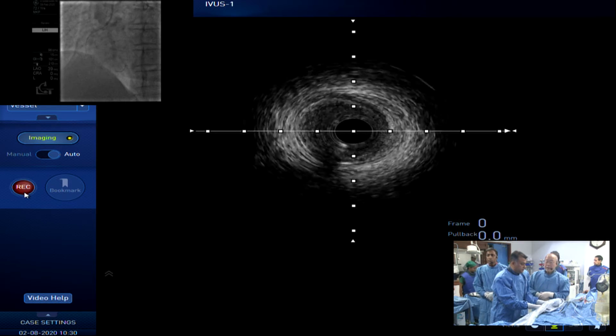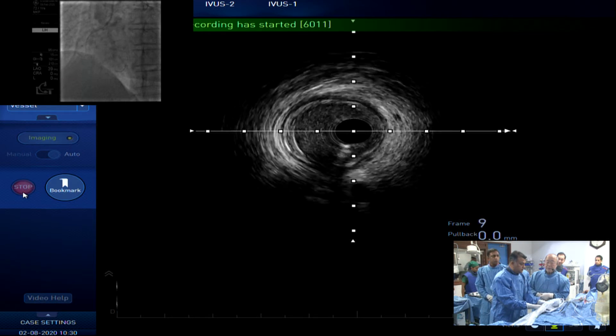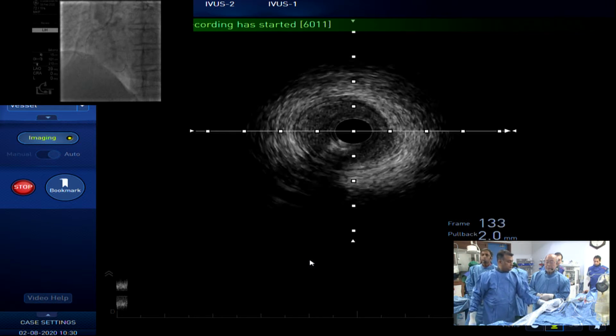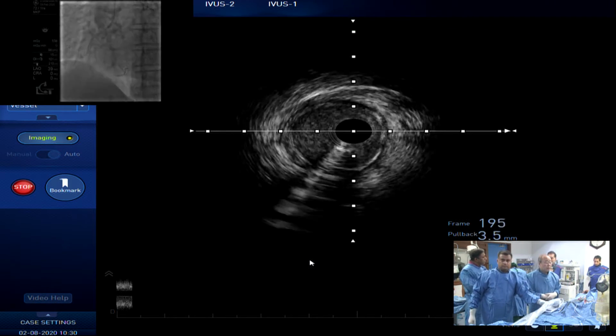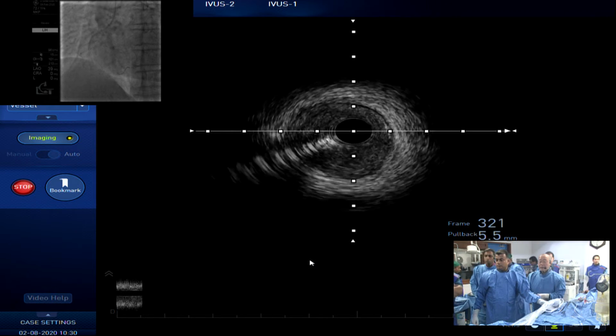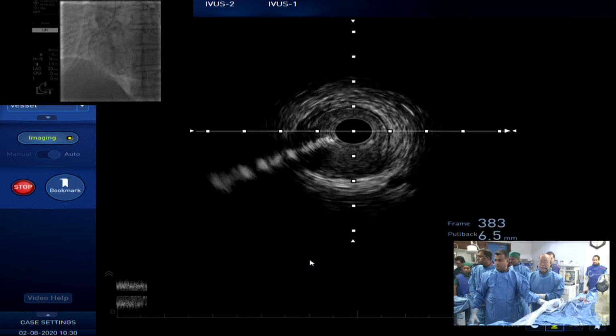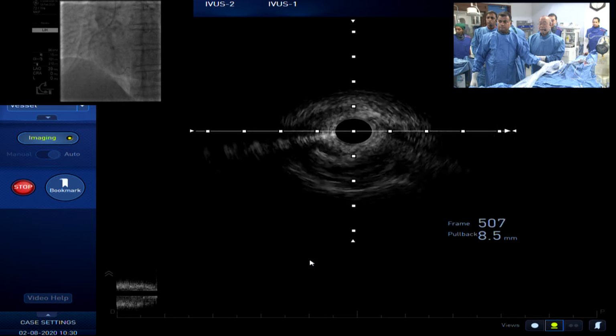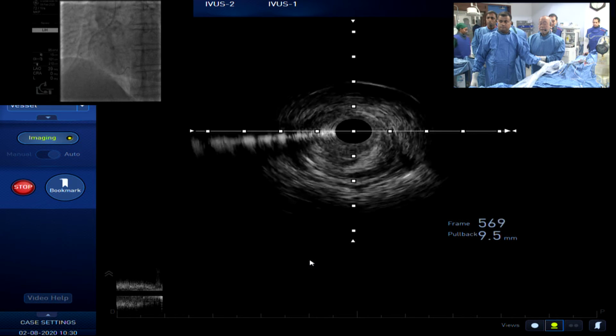Okay, so we start again. Yeah, coming. We could see the lesion coming up.